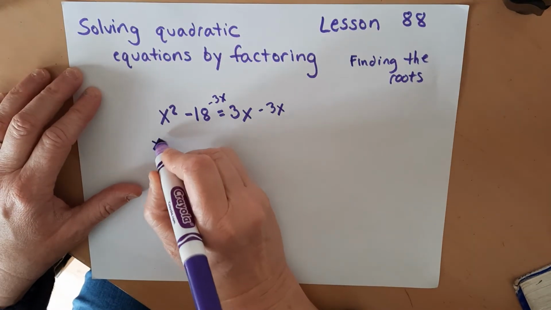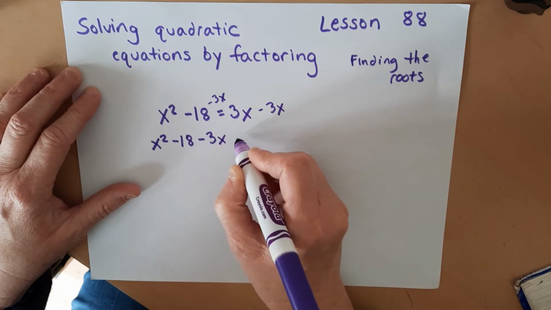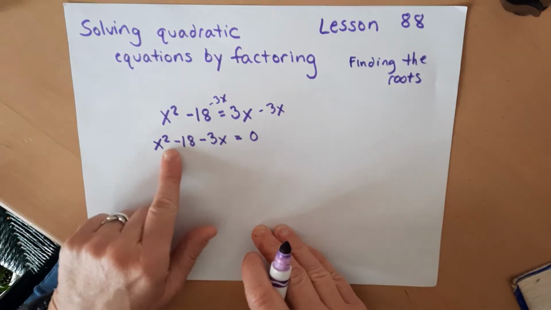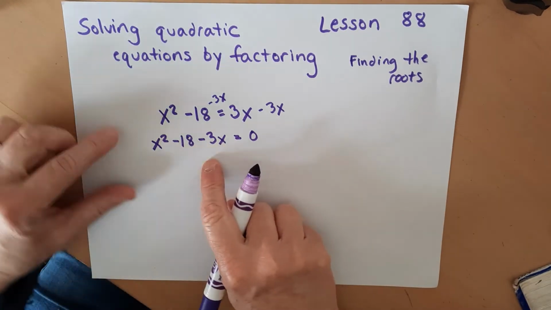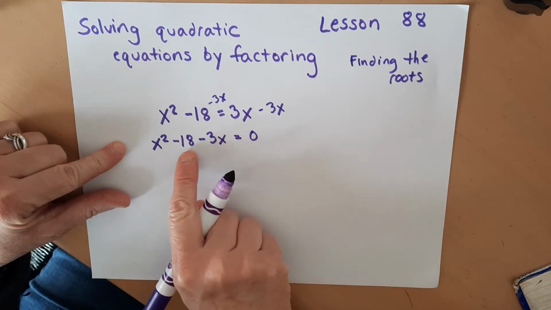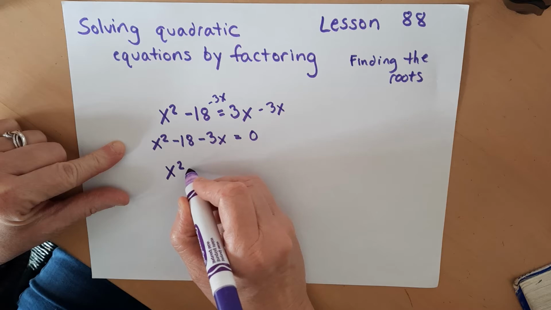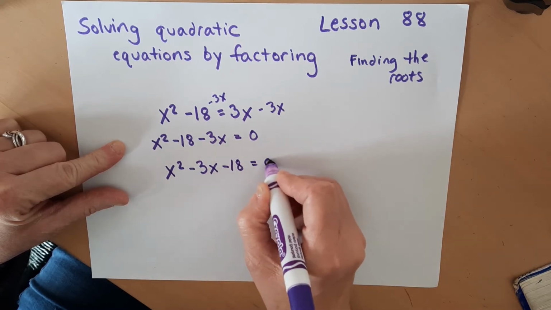So we get x squared minus 18 minus 3x equals 0. Now we need to rewrite this in standard form, putting the x term before the negative 18: x squared minus 3x minus 18 equals 0.